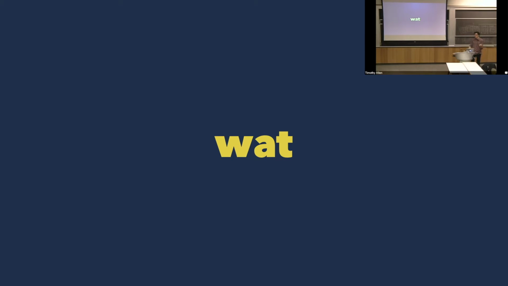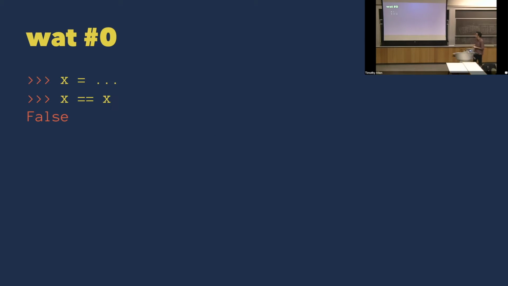So this is going to be interactive. I'm glad that people have some laptops. But here's a quick example to get started. Number 0. The goal is to determine first if this is actually possible or not. Can we create a variable x so that when we compare x with itself, it says false, x is not equal to x?